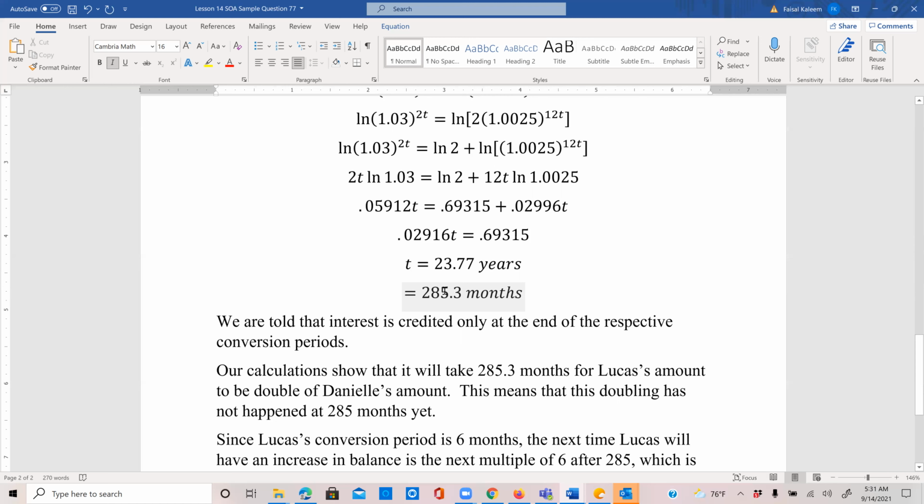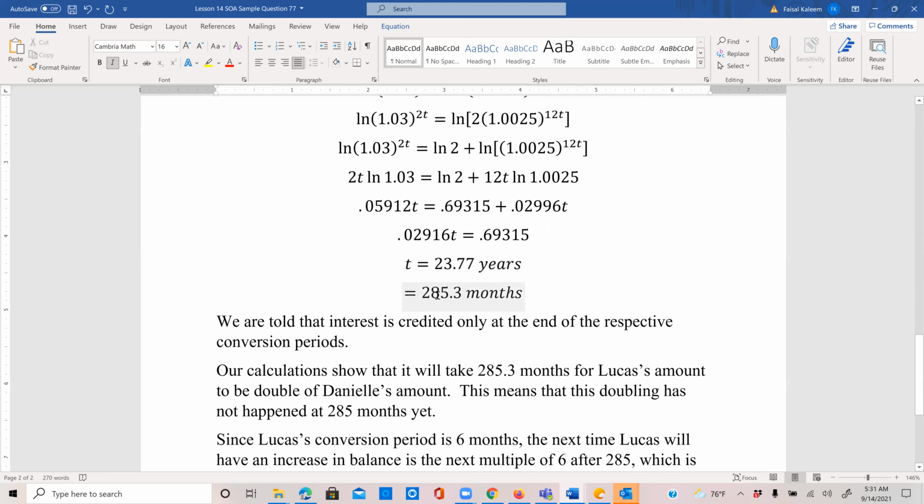Obviously by that time, his account has not been double Danielle's yet. It becomes double from 285.3 months onwards in theory, if it was continuous compounding. So what we have to look for is the next multiple of 6.